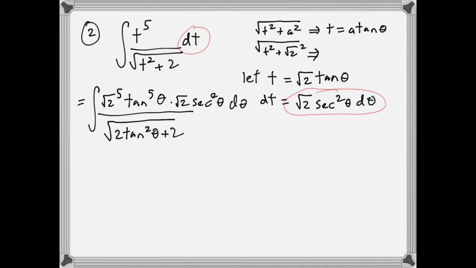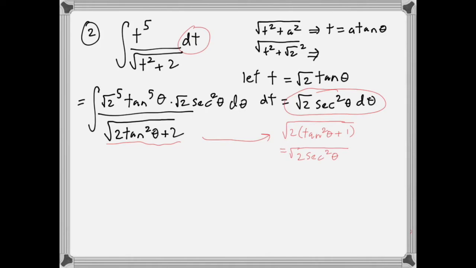I like to usually take this guy and do this separately, okay? So what's that radical going to become? If I factor a 2 out, I get tan squared theta plus 1. And then this is just going to be 2 times secant squared theta, right? Because tan squared theta plus 1 is secant squared theta.